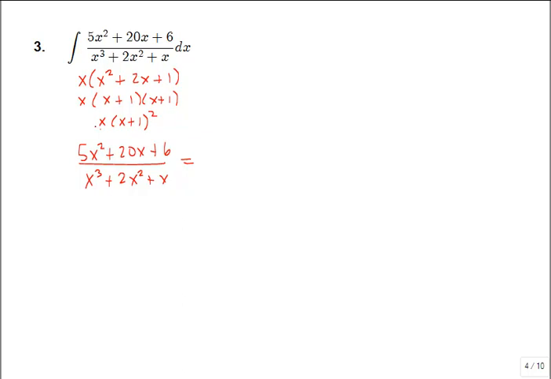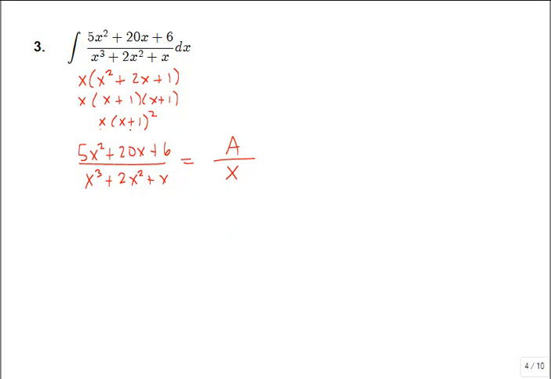So for this x, it's the only x factor that I see because it's x to the first. So I only need one fraction with an x in the bottom. Now this is considered a linear factor because it's x to the first. So on top of that, you always use 1 degree less, and 1 degree less than a linear would be a constant. So I'm just going to call that constant A.